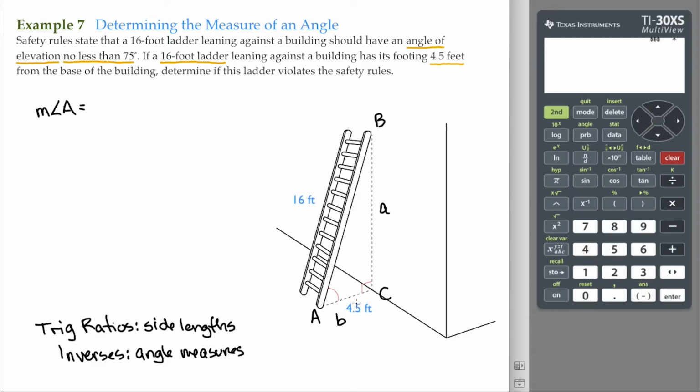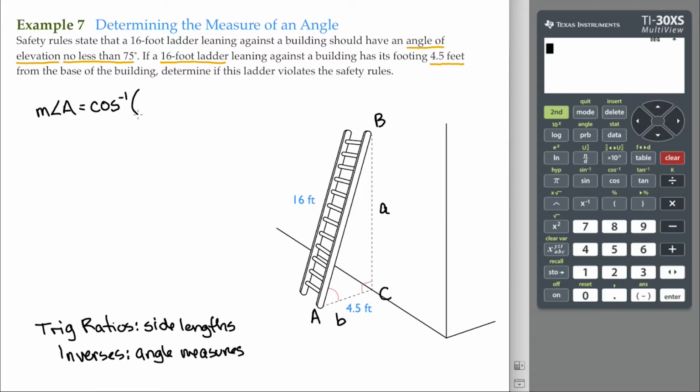What is this information in relationship to angle A? It's adjacent to it. What is this information here in relation to angle A? It's the hypotenuse. So the adjacent over the hypotenuse, that's cosine, except we're not going to use just plain cosine. We're going to use cosine inverse because we're trying to determine an angle measure. The inverse looks like cosine or sine, whatever the case may be, raised to the -1 power.